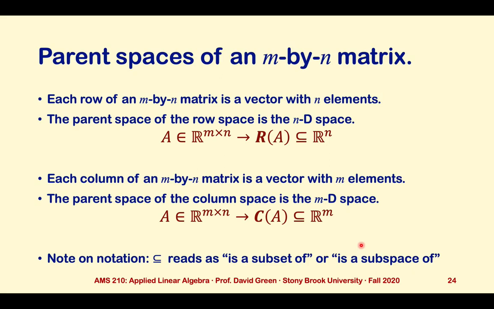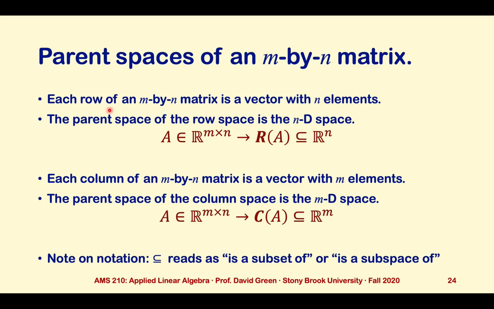Let's now talk a little bit about the parent spaces of these subspaces, the row space and the column space, in the context of an M by N matrix. And we're going to use this notation throughout this section. All matrices will be considered M by N, where M is the number of rows and N is the number of columns. So let's look at the row space first.